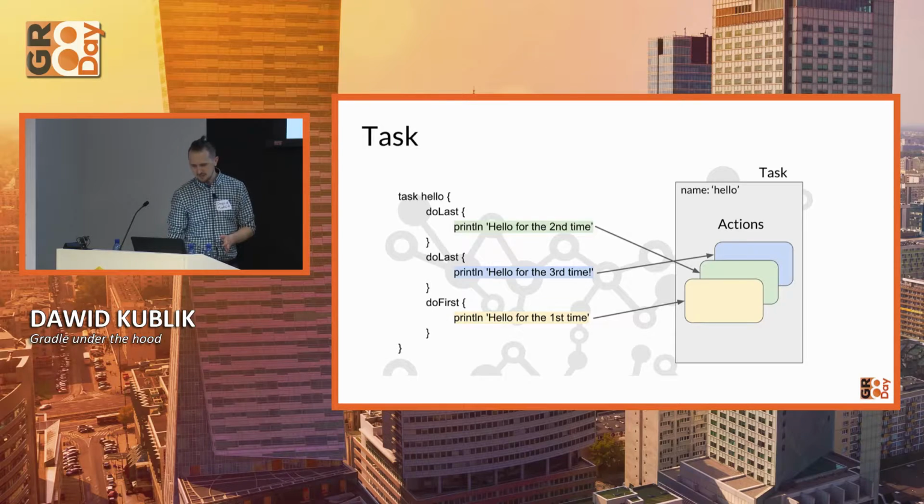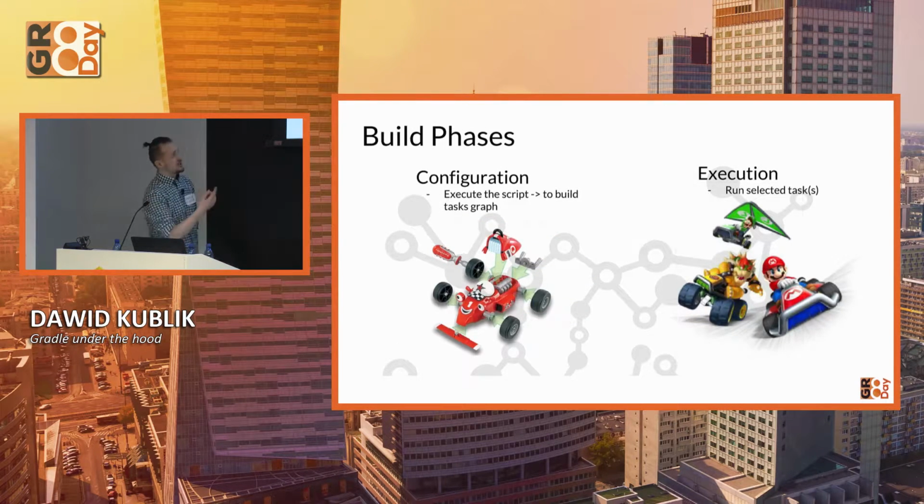And this later is another phase, because in Gradle, and this is also very easy to not know about, we have different build phases. And the first one is the configuration phase. And this is the phase in which the script is actually run.